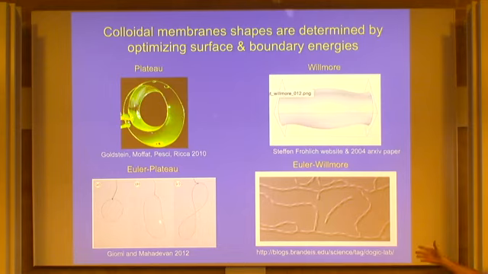This colloidal membrane problem, we'll see, fits into this picture as we could call it an Euler-Willmore problem, in the sense that the curvature, as I'll describe, is very important for these membranes, but the boundaries are also free, and the boundaries have some resistance to bending, a little bit like in the Euler plateau problem. So we have to account for that as well.